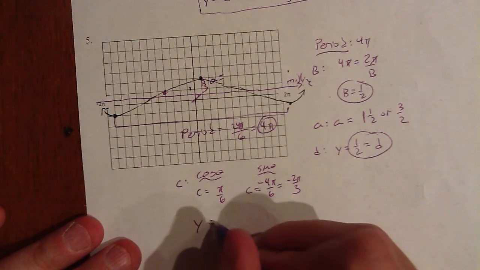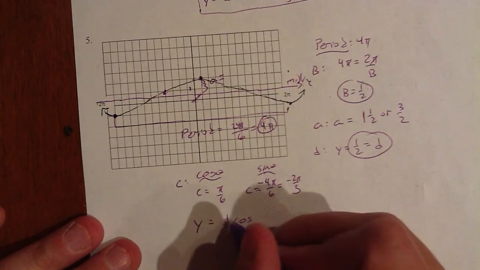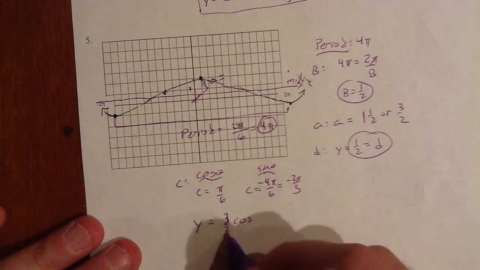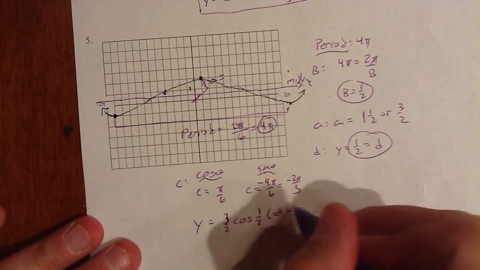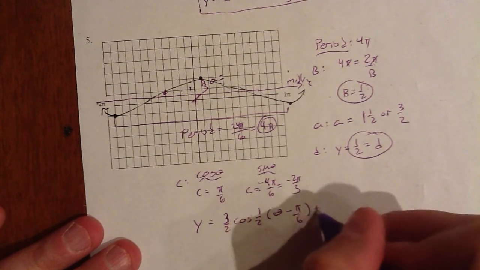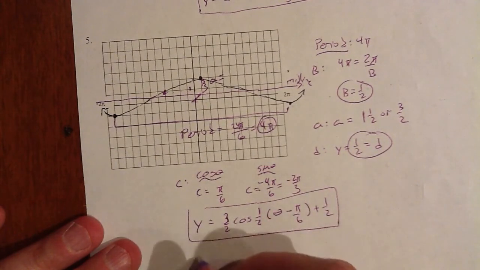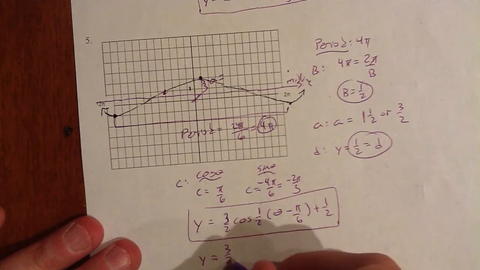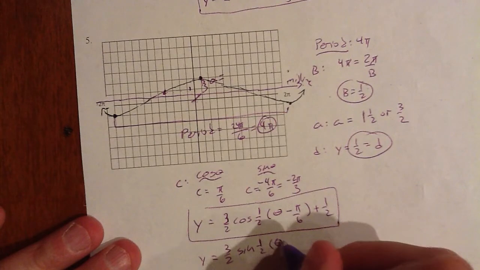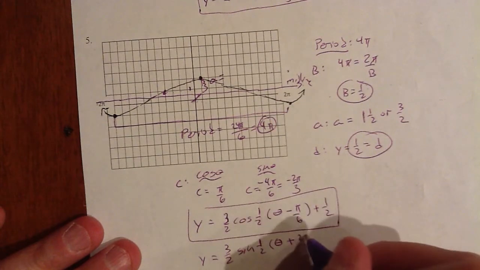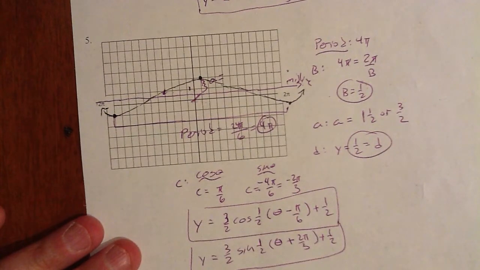Y equals, for cosine, 3/2 cosine, whoops, that should be 3/2 for A, cosine B, which is 1/2 theta minus pi over 6 plus 1/2. Yuck. And for sine, y equals 3/2 sine 1/2, and we get theta plus, we change our sign, 2 pi over 3 plus 1/2. Alright, and there we have our review.